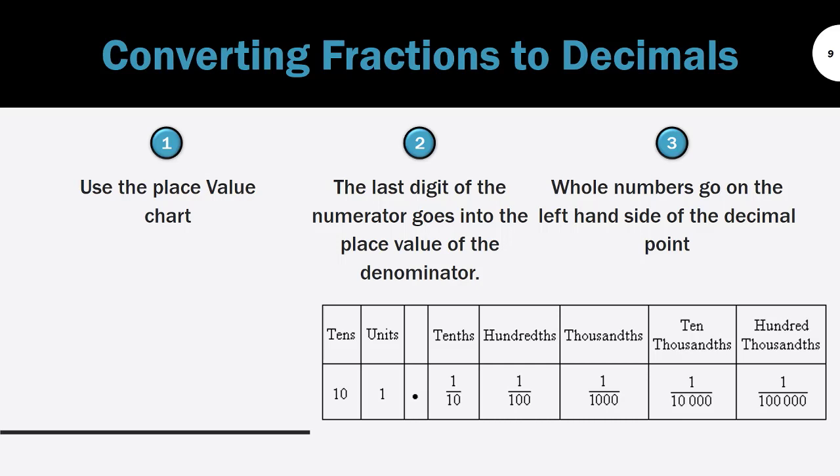So number one, use the place value chart. The place value chart is really, really important, and it makes this topic super easy. Number two, the last digit of the numerator goes into the place value of the denominator. So what I mean by that is if I have a fraction here, let's say 31 over 100, I look at my place value chart and look for my hundredths column.